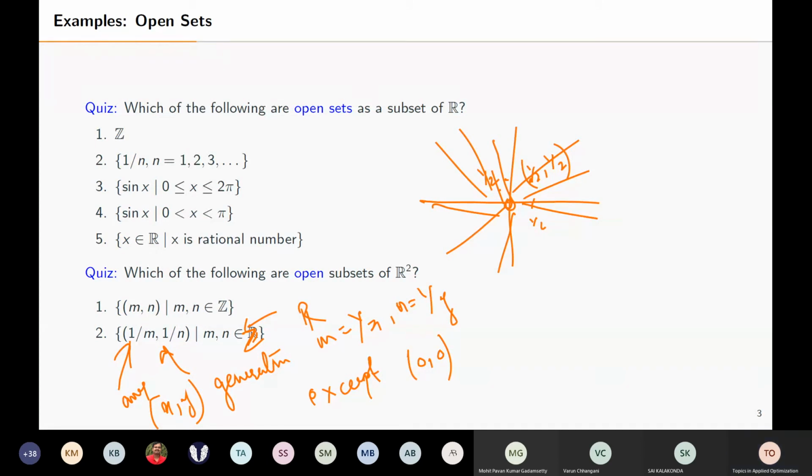That will be open, because except 0 you take any point. You might be thinking, except 0, how come? Well, you can take any point which is very close also. I can always take a ball that is inside this. So that's fine.